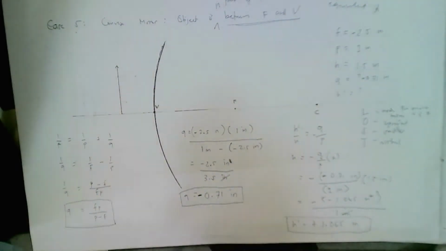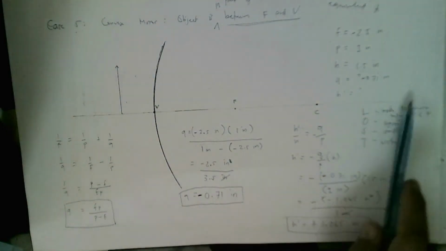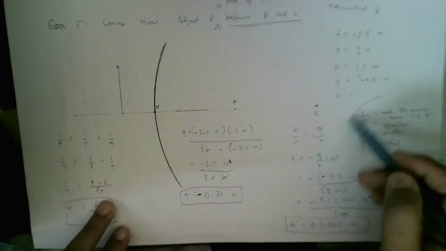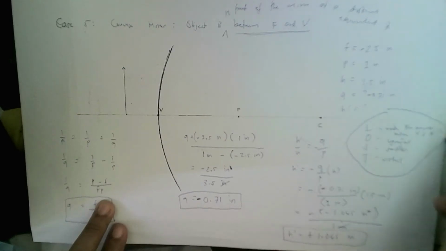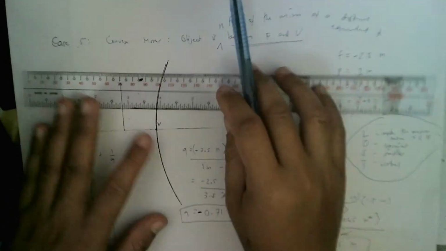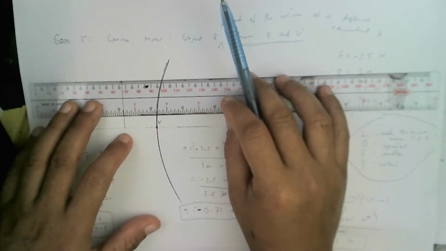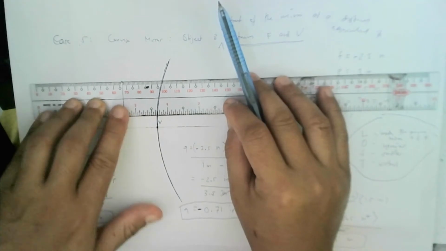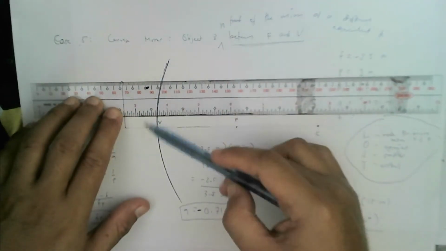So remember, you did all of this just by calculation. So now we have to do it by ray diagramming. And let's confirm if these interpretations that we had just from the calculation are correct. Okay? So again, first ray, PF ray, parallel ray. So you have to make your ruler parallel to the principal axis.